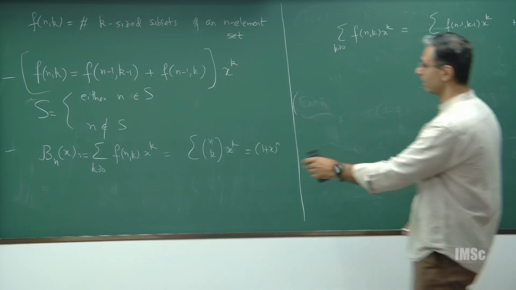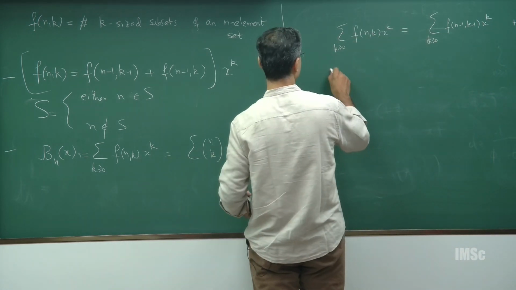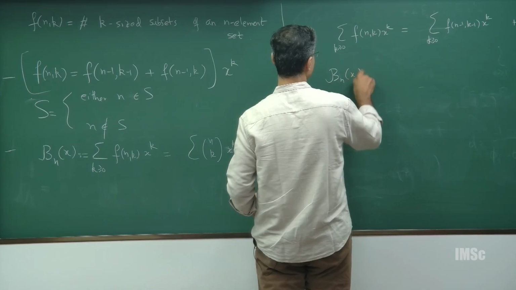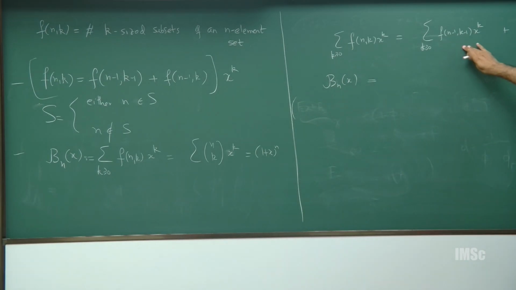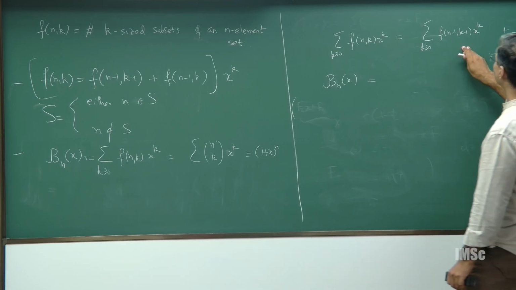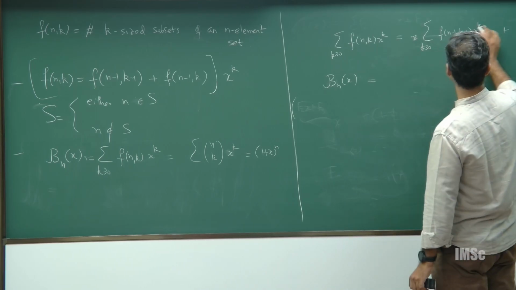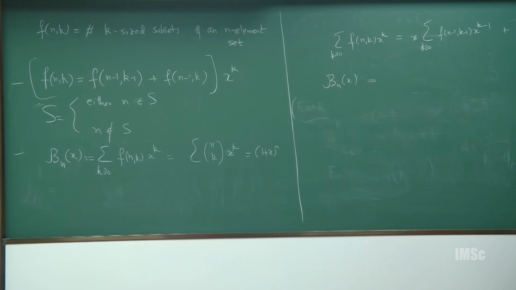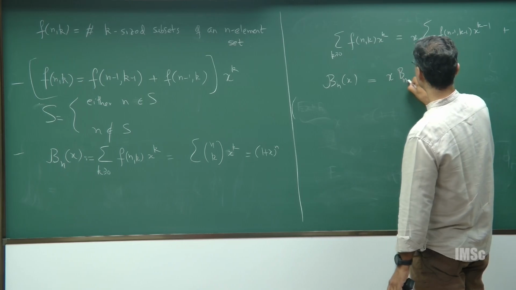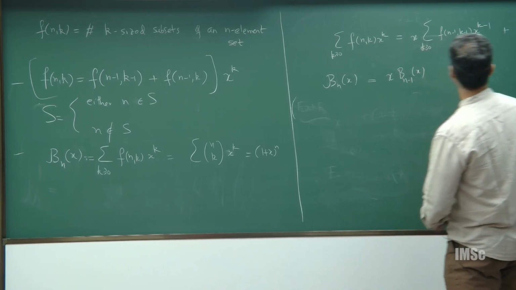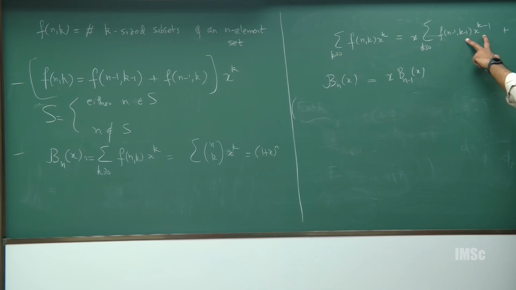So, what will we get here? We will get the left hand side is just by definition Bn(x). What is this? Well, if we pull out x here, now is it easier? B(n minus 1), right, x times, right, because these two indices are the same, right.